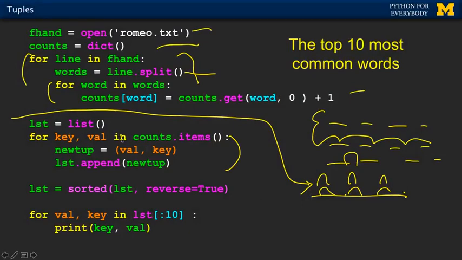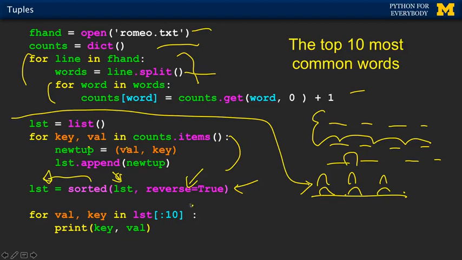We're going through key, value, but then I'm going to make a tuple that's value, key, put it in the variable new tup. This is a tuple assignment, and then I'm going to append that to the list. So we end up with a list of tuples in value-key order, just like on the previous page. Now, let's sort that backwards. So these are the value-key tuples, go backwards, and then we reassign this sorted result back into the list variable.